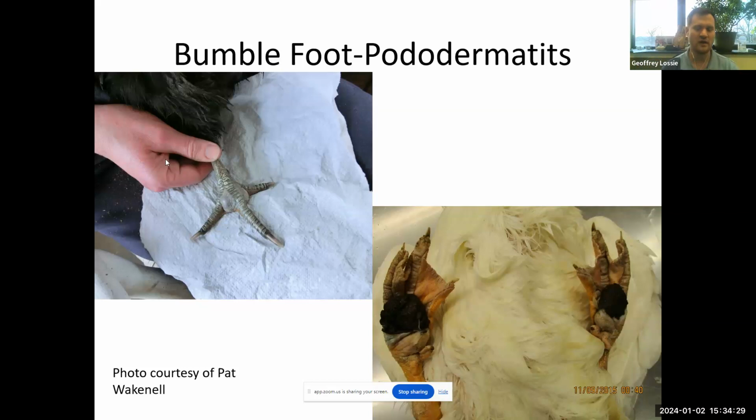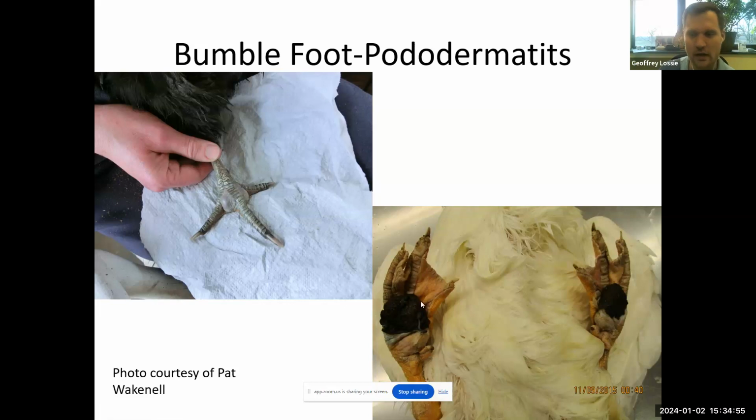This top left image is a little bit more atypical, so not as common as what you would see. But I like this image because what it's showing is basically a large abscess in between the toes. You can see there's this prominent swelling in between those toes, and that's essentially an abscess. And what we have here, these are the foot pads.